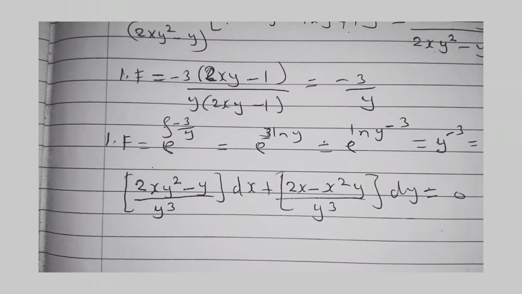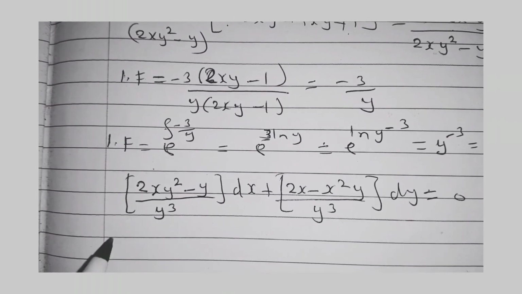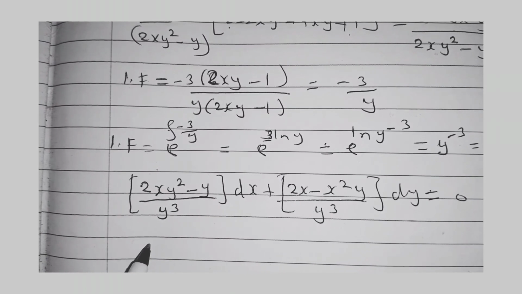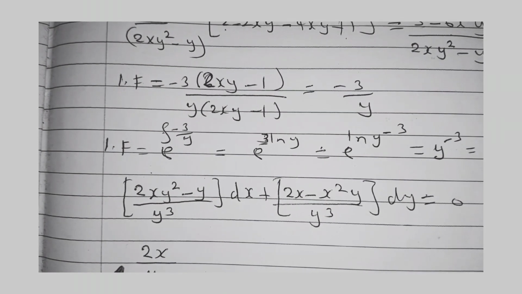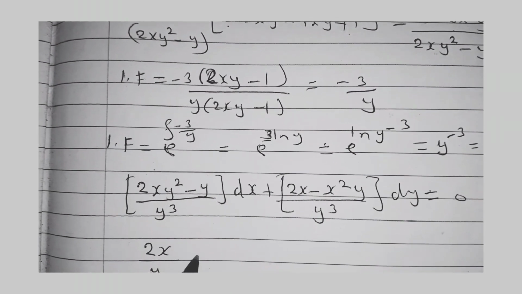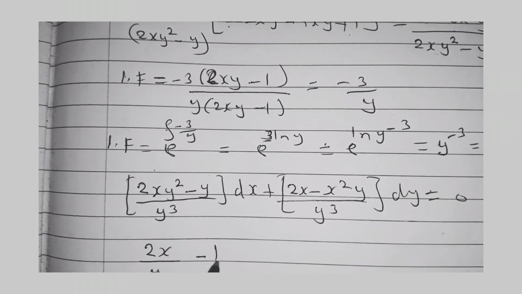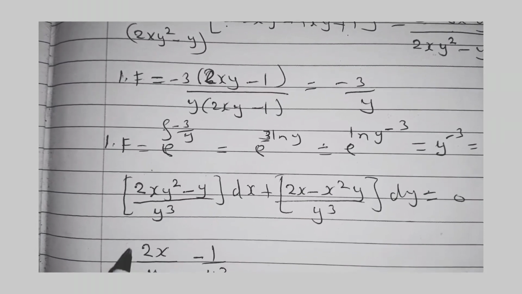So when we divide here, you have 2xy². So the numerator will be left with 2x divided by y, after dividing, then minus this part here, we will be left with 1 over y².